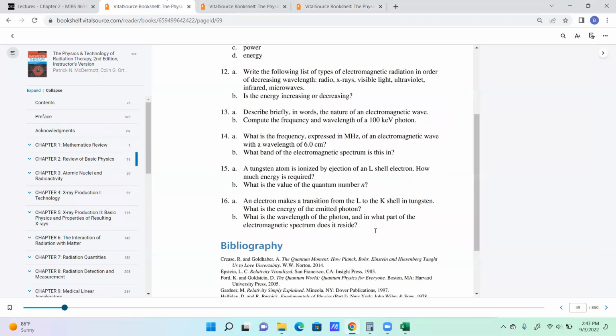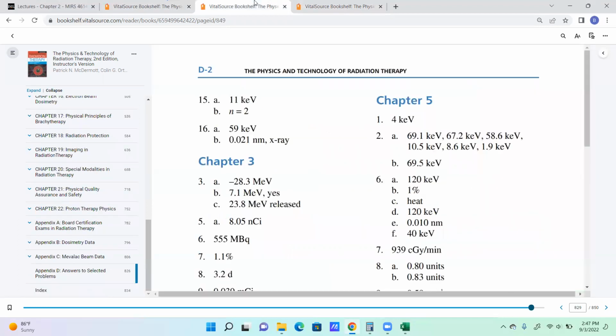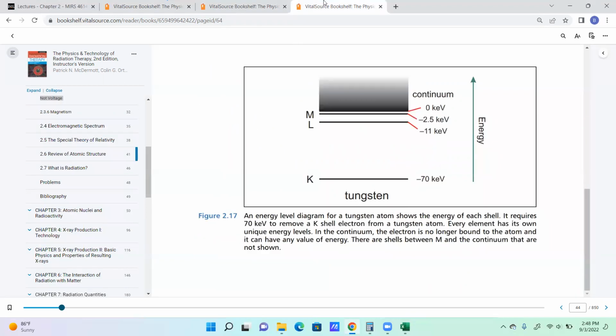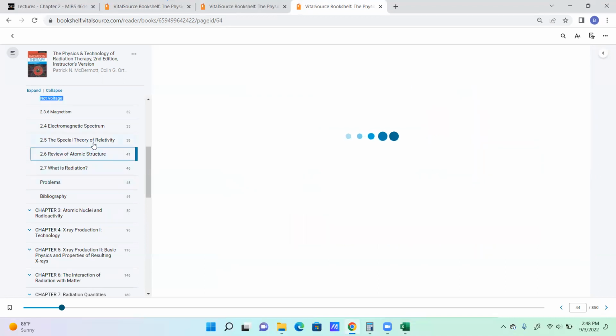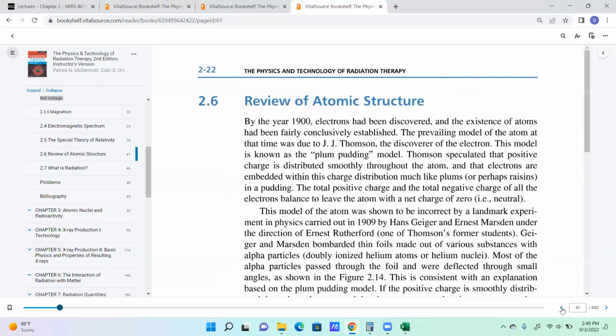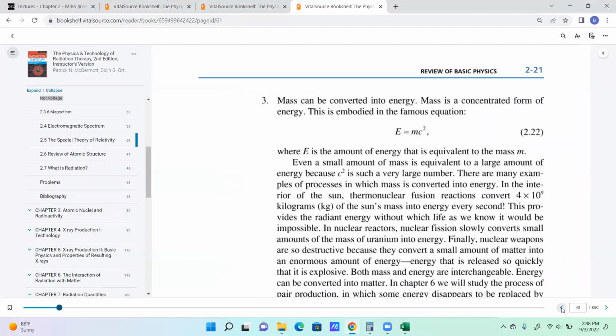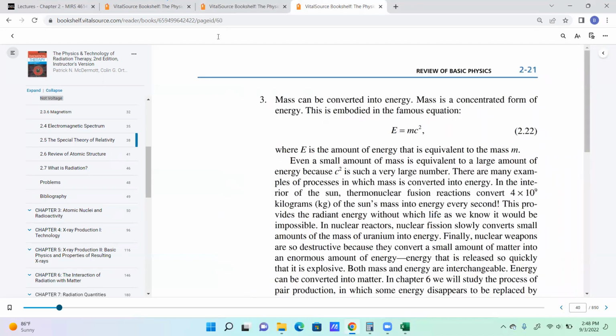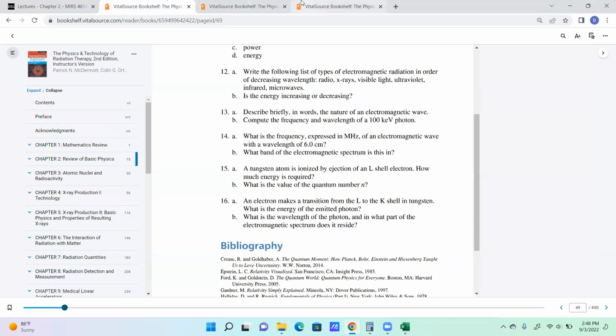What is the wavelength of the photon? To find the wavelength of that particular photon, again, we're going to go back through the formula that we had before. What is the wavelength of the photon?